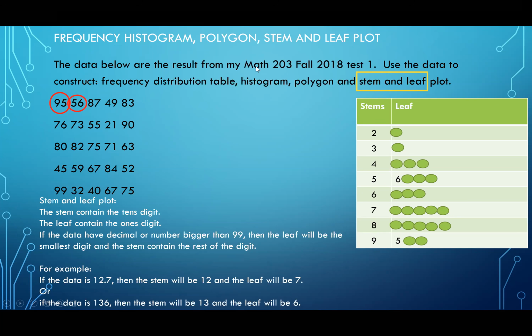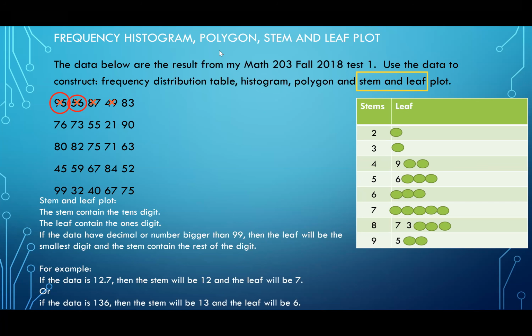Okay, and again, my next data, let me make this a little bit easier. My next data is 87. I go to the 8 and I write a 7. My next data is 49. I go to the 4, I write a 9. And my next data is 83. I go to the 8 and I write a 3.